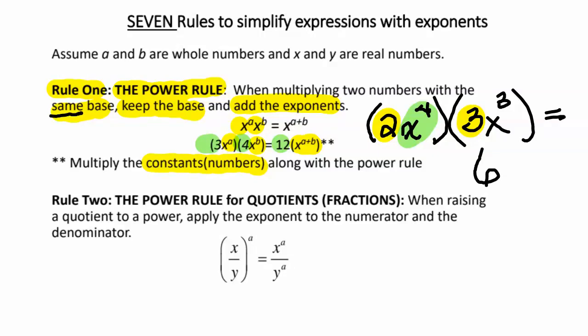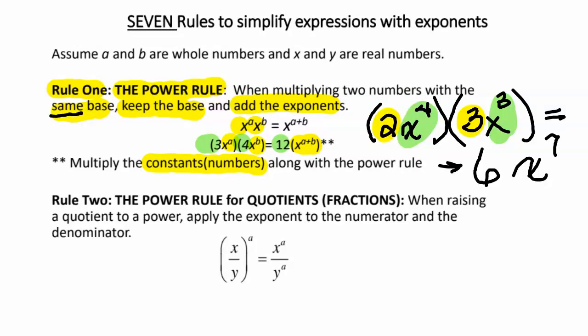Remember, repeated multiplication is implied with that 4. And then in the second one, I have 3 more. Well, that means I have x to the 7th. This is my answer.